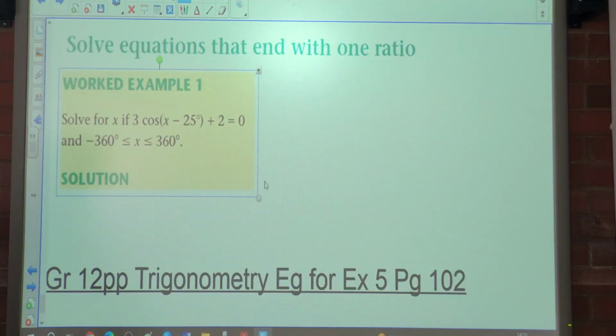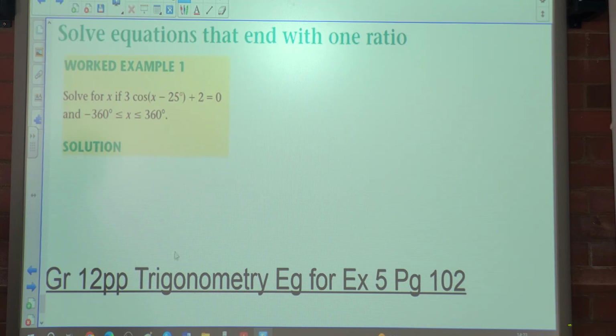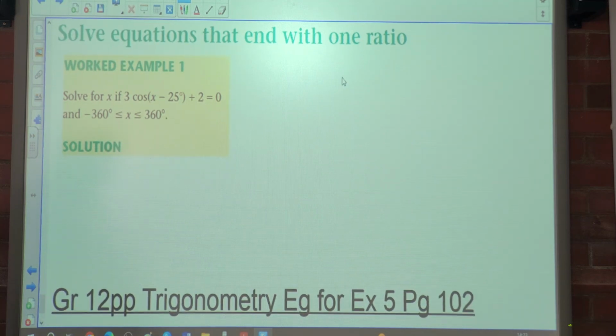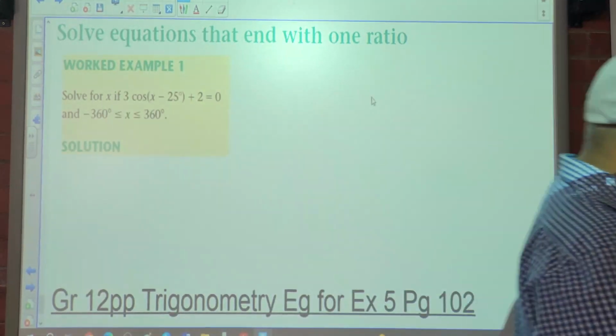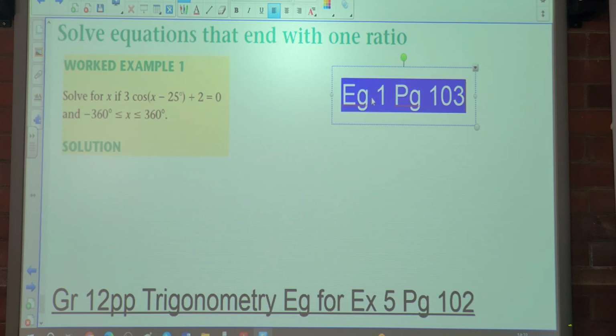So let's look at the first example, solving equations that end with one ratio. This is example 1, and example 1 is on page 103.